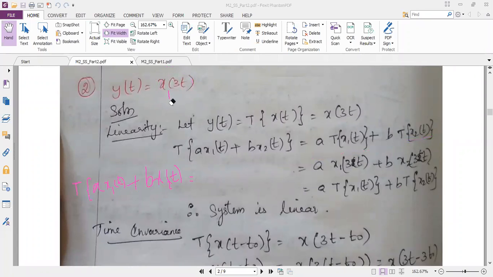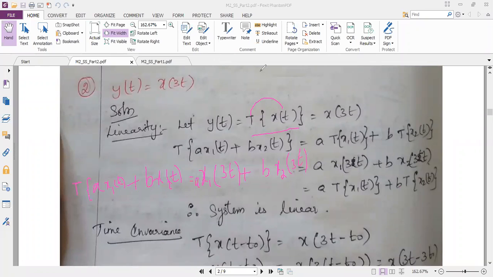I will write x1 of 3t. So T of x of t is x of 3t, but here I have a as the variable. So a into x1 of 3t plus b into x2 of 3t.